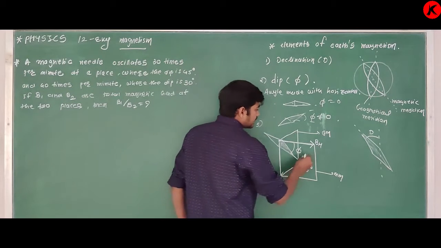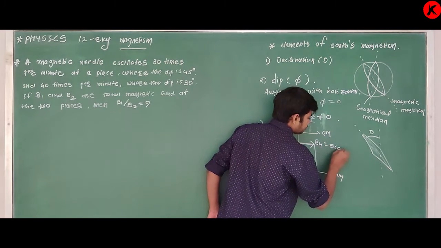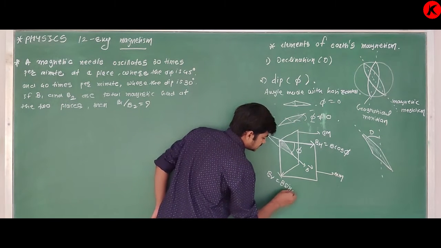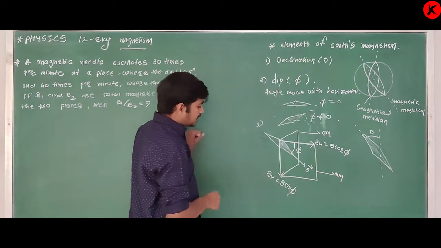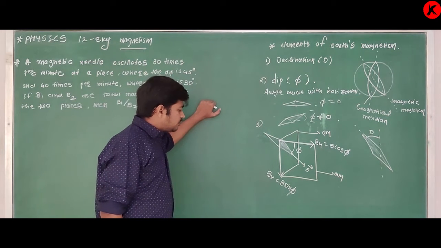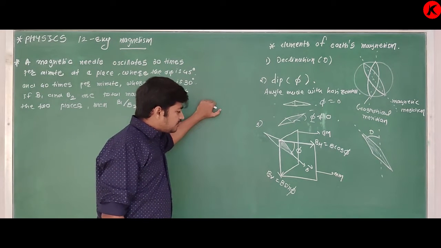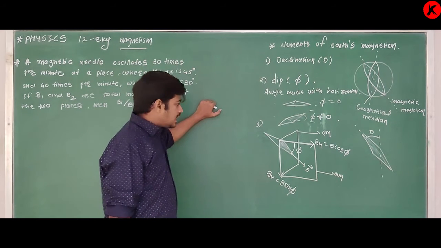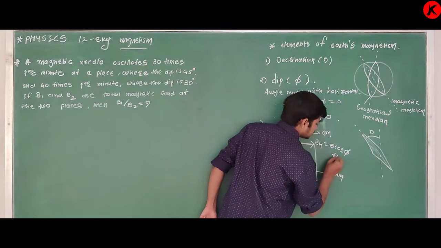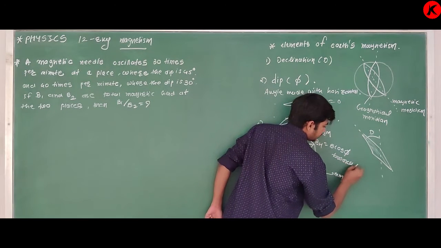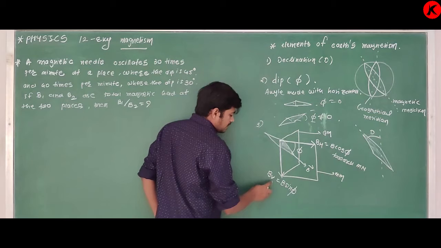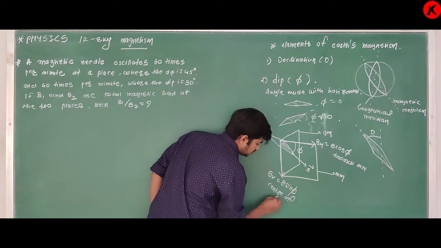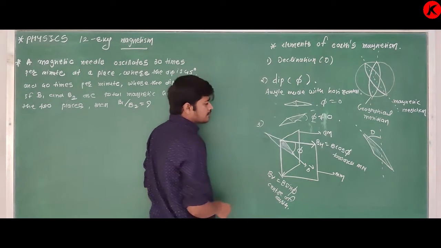From here we can say BH is equal to B cos phi, and BV is equal to B sin phi. Clear? This component is towards magnetic north, and this component is towards the center of Earth.